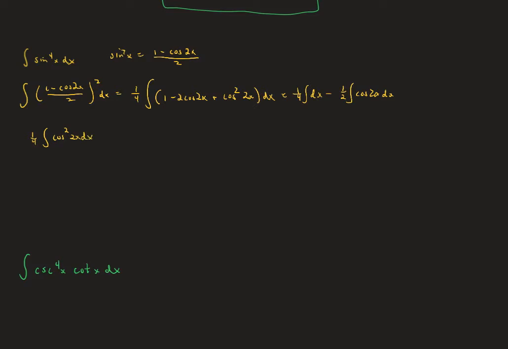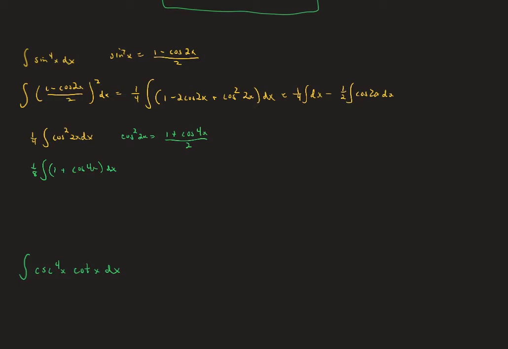So we're going to have to do another power reducing formula there. The cosine squared of 2x will be 1 plus the cosine of double that angle, 4x, over 2. So this will then become a 1/8, and we'll have a 1 plus cosine of 4x dx.